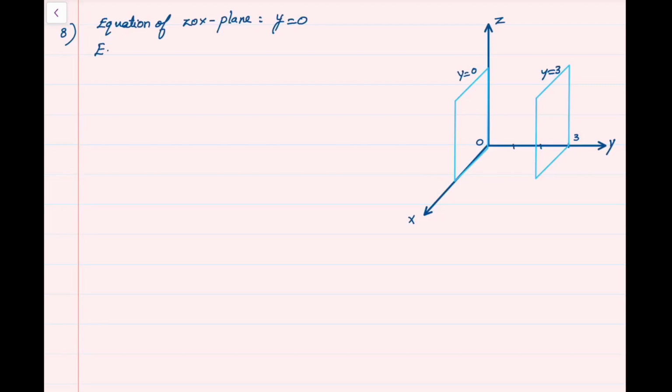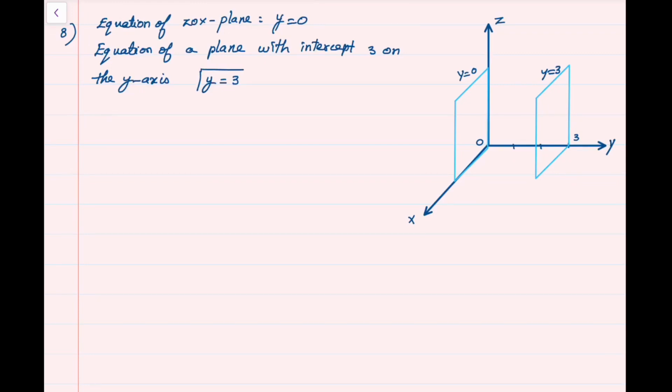Therefore, the equation of a plane with intercept 3 on the y-axis and parallel to this will be of the form y is equal to k. But here it passes through 3. Therefore, the answer will be y is equal to 3.